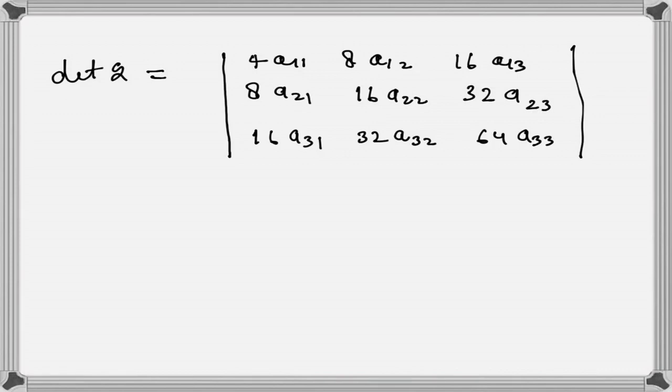Okay, now take the 4 common from the first row, 8 from the second, and 16 from the third row.